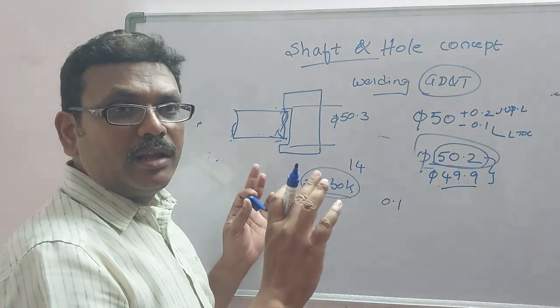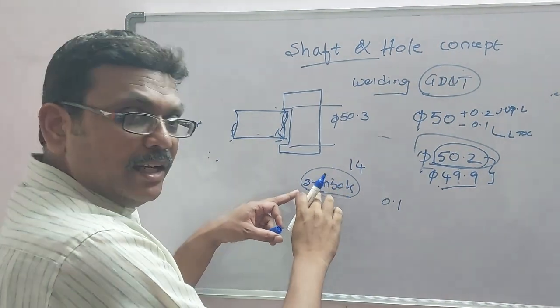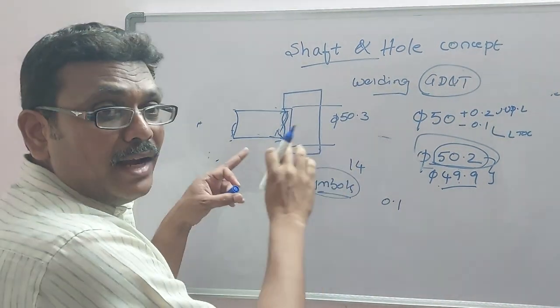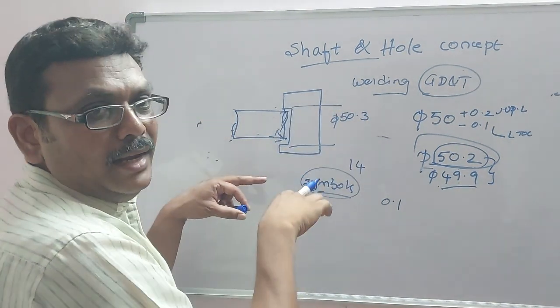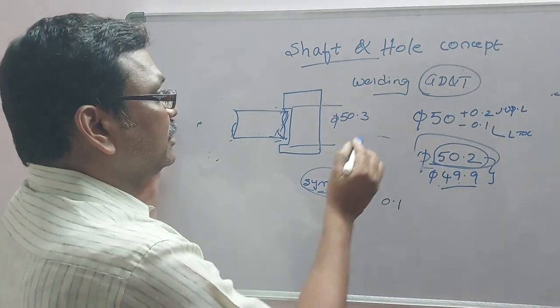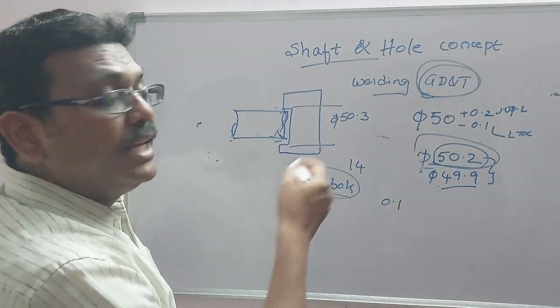Right? Finally, what I conclude is, in order to assemble a component, we use some set of symbols which are applied in GD&T to fix the part for welding. So this GD&T we'll see in the next section.